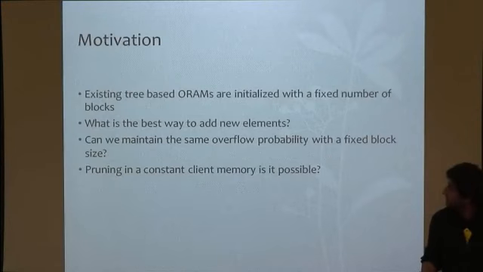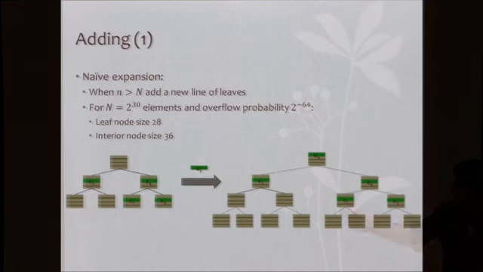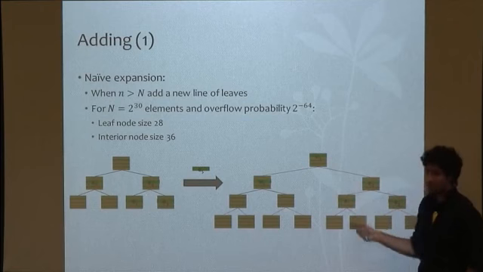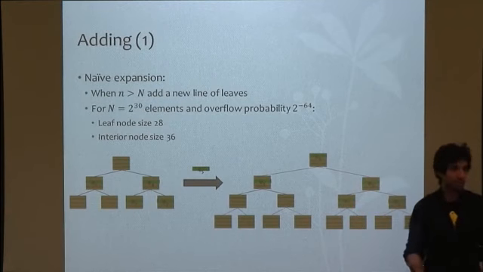So constant client memory is a little bit tricky. Why? Because at a given time, at every access you should have a constant number of blocks on the client side. So if I come back here, let's see this tree. In LNG, the paper that we are investigating here, to download the path, we are not downloading the entire path and putting it in memory.